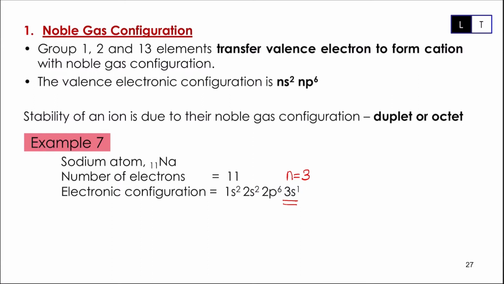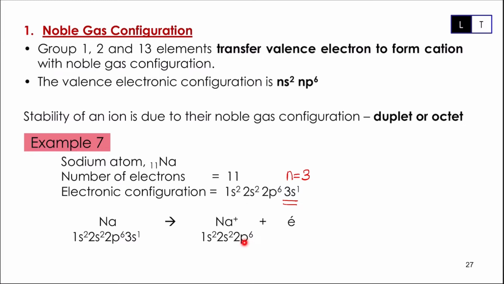In order for sodium to achieve stability, it will more favorably donate the electron. That is why you will have Na+, with one electron donated. Hence, the electronic configuration will become 1s2, 2s2, 2p6 for Na+.